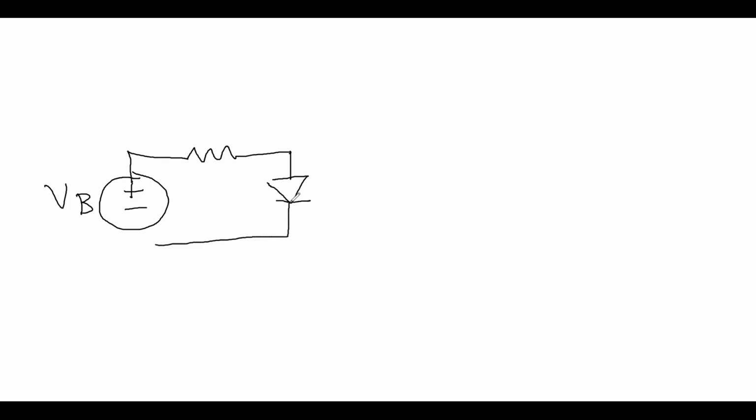So let's actually derive the resistor value that we want to put down so that we can get 20 milliamps. In general, this is what our circuit's going to look like. This is going to be our battery, and I'm just going to call it VB for the battery voltage. Then we have our resistor, and then we have the LED. This point's basically just ground.